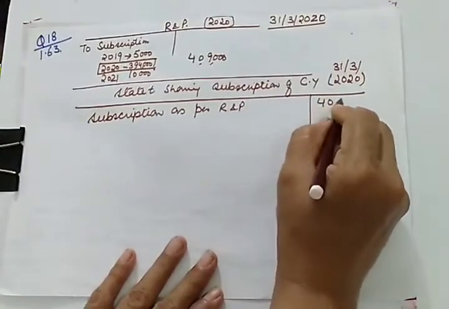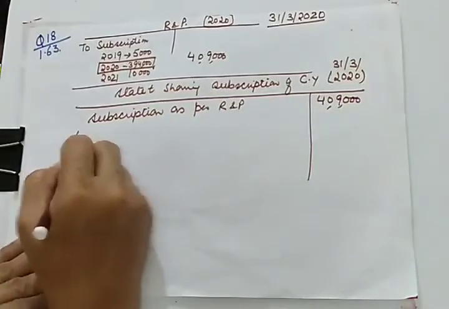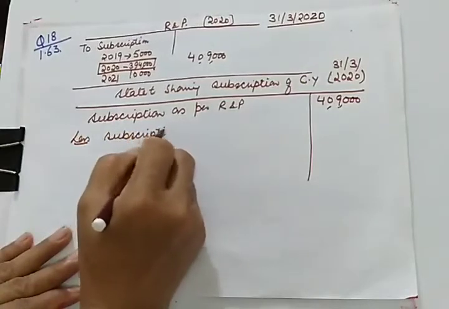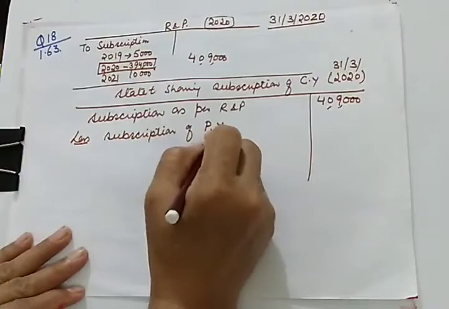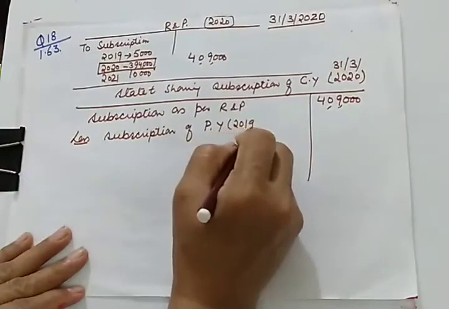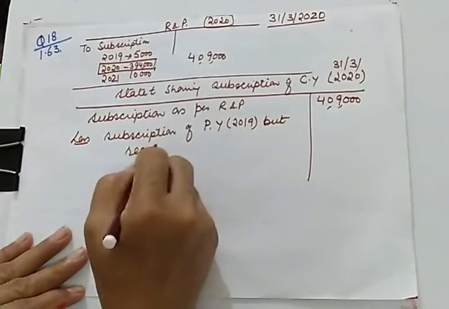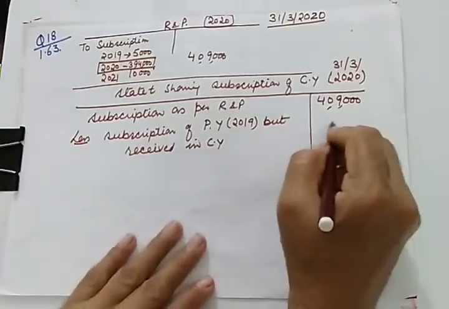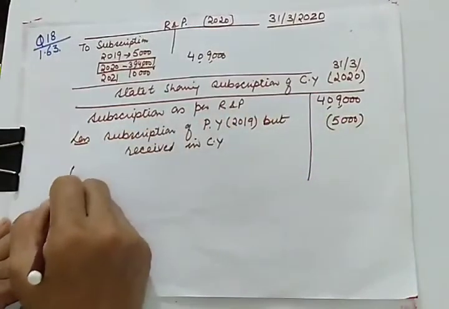So it is 4,09,000. First of all, we'll be deducting less subscription of previous year. Previous year means 2019, but received in current year. So this is 5,000. We'll be deducting 5,000 first of all. And what else to be deducted?